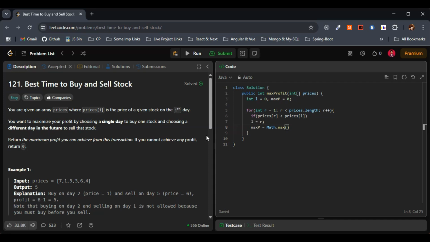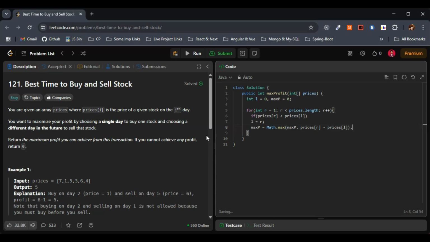So Math.max of max P and the profit that we get by this formula, prices of R minus prices of L.